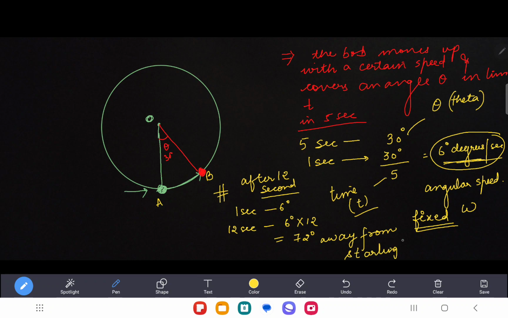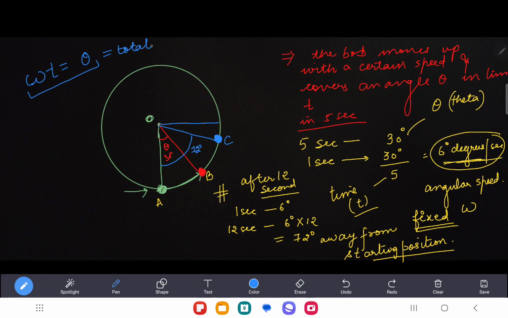Yes or no? And if it is going to be 72 degrees away from the starting position, what does that mean? This is 30, this is 90, so somewhere here, at the blue bob, C position. So this must be 72 degrees away from the starting position. So can I say, if I know omega and if I know time, omega into time shall give me the overall total theta traveled from the starting position?